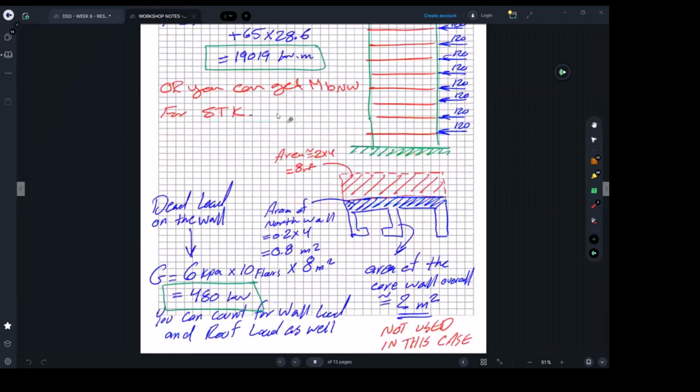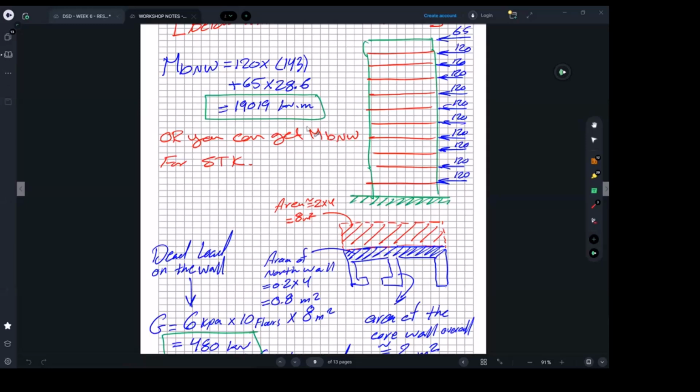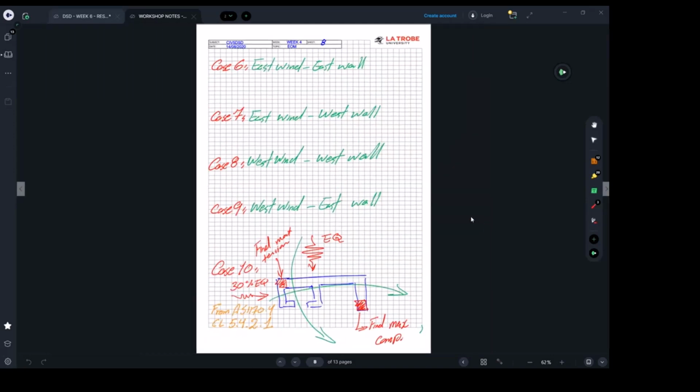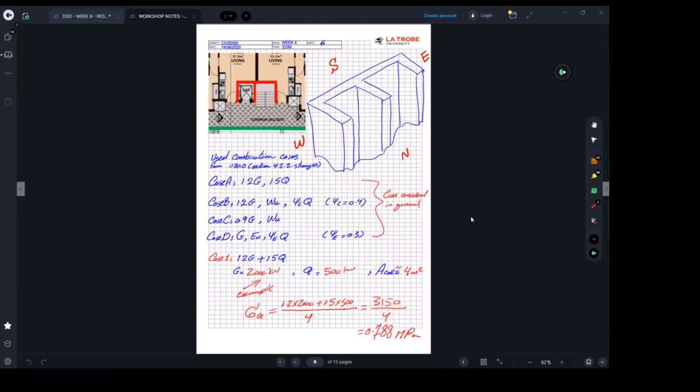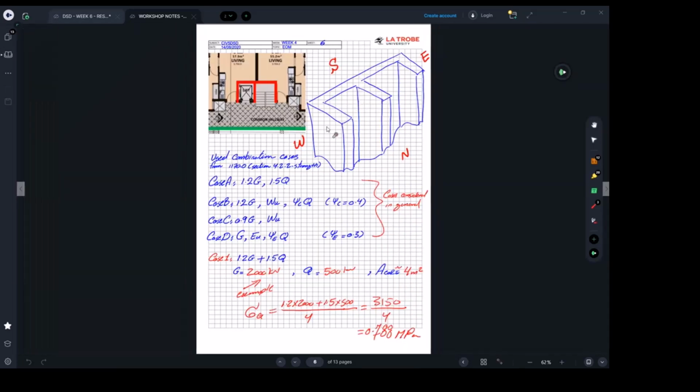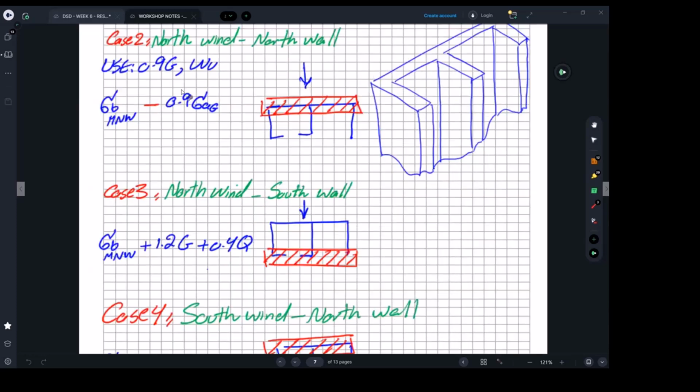So once I'm ready with my moment, I just put it aside and said, let me go and calculate the dead load, because I have to have the axial load, the dead load, and that's what I was talking about with the other students just before. And yes, here we don't need wind. We will not be using wind live load here, because live load will actually be helping us, and I cannot guarantee that.